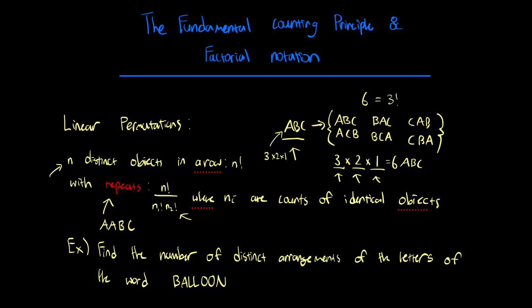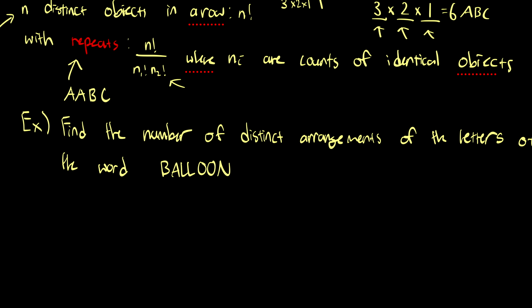So let's take a look at this example here. Find the number of distinct arrangements or permutations of the letters of the word balloon. As you can see, naturally you might think that the number of permutations is simply 1, 2, 3, 4, 5, 6, 7 factorial. But remember, if there are repeats in the objects, we have to take into account the fact that there are going to be repeated permutations as well.